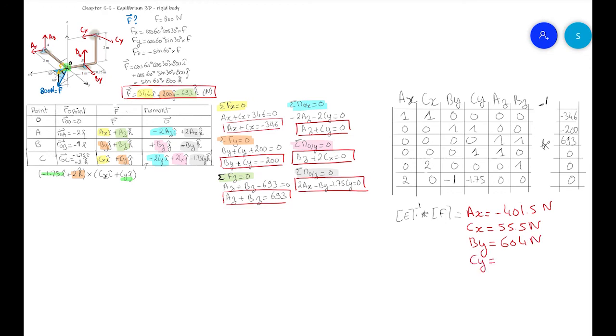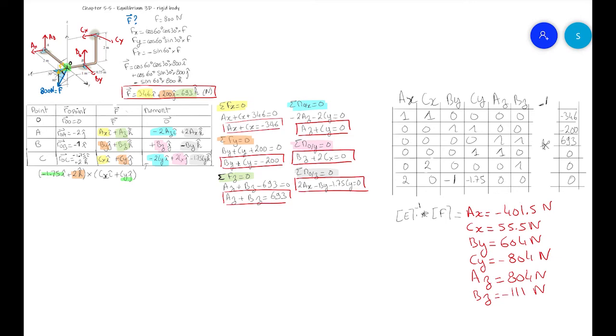CY is equal to minus 804 Newton. AZ is equal to 804 Newton. And BZ is equal to minus 111 Newton. That is close to the book, except some signs, but I don't know. Okay, that will be fine.